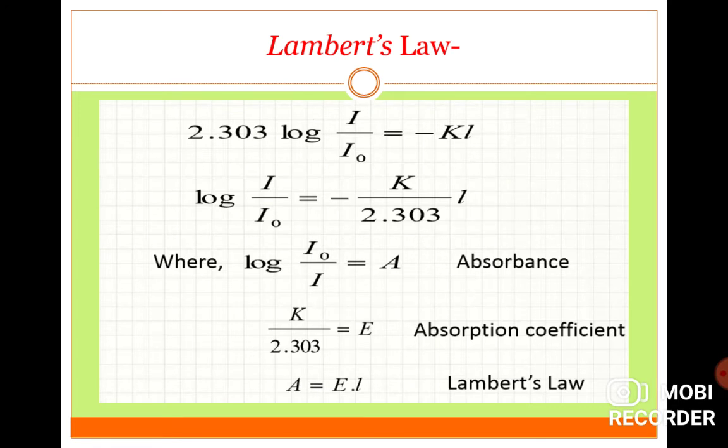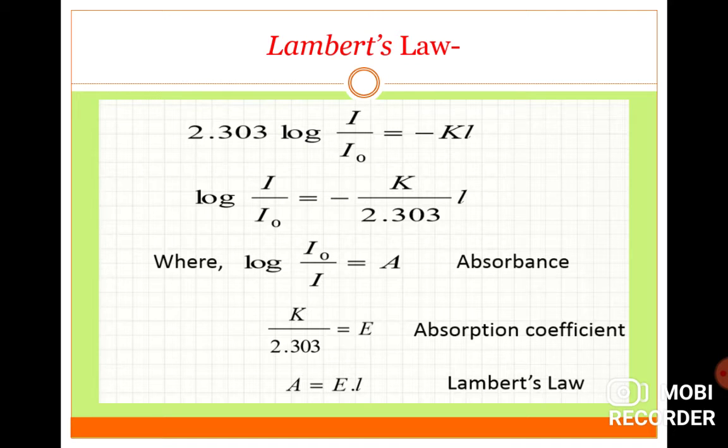Converting to log base 10, 2.303 log I/I naught is equal to minus kl. If we put 2.303 on the right side, the equation becomes log I/I naught is equal to minus k/2.303 times l.